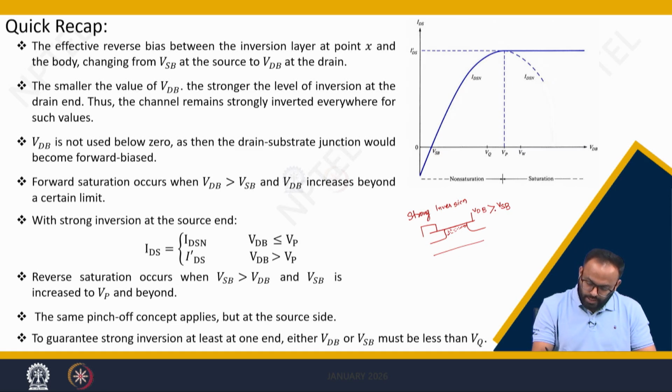We started our analysis considering that the value of VDB is not so high that it crosses the pinch off, and hence we derived the equation for IDSN. Here N stands for non-saturation.